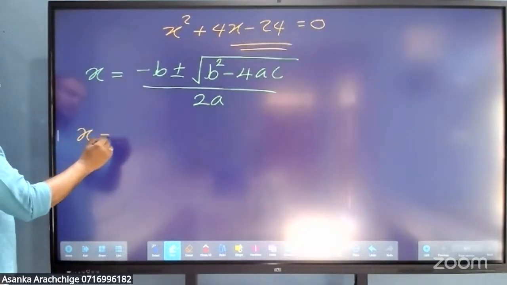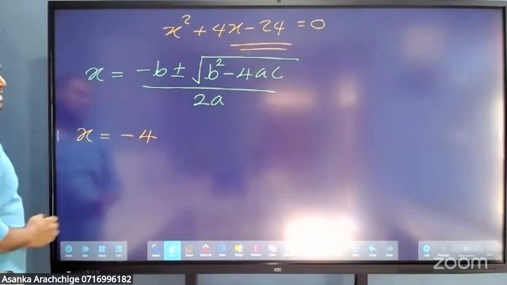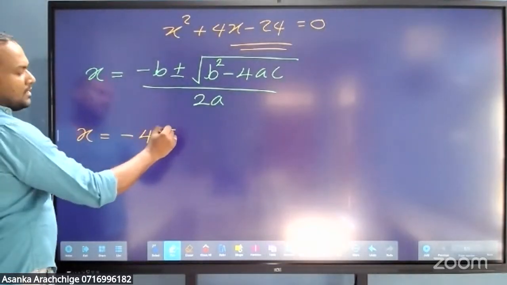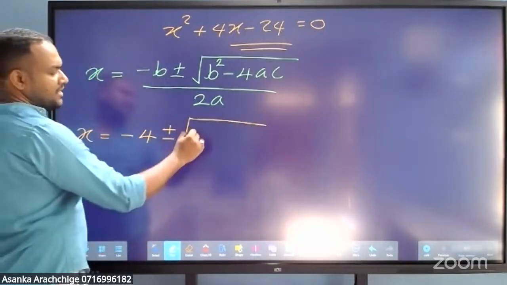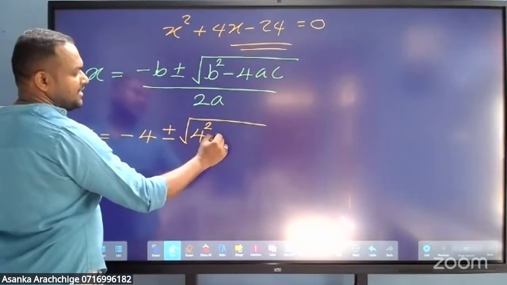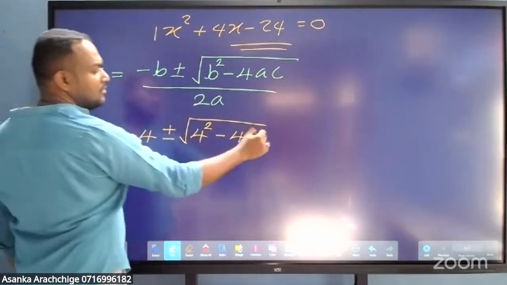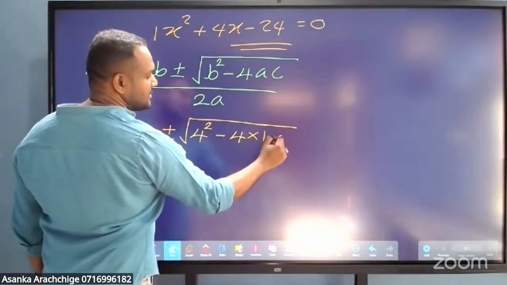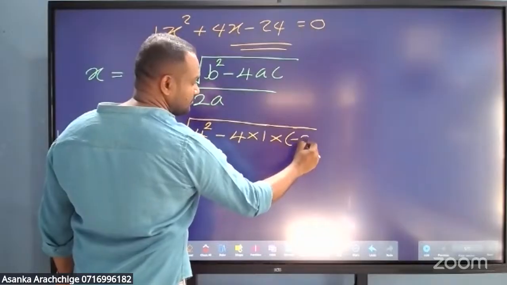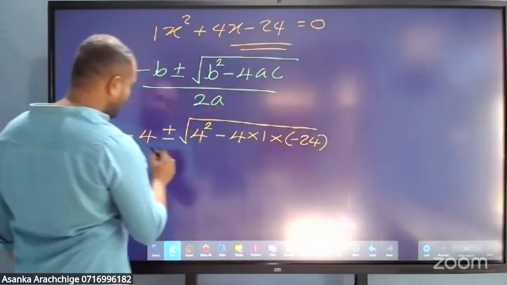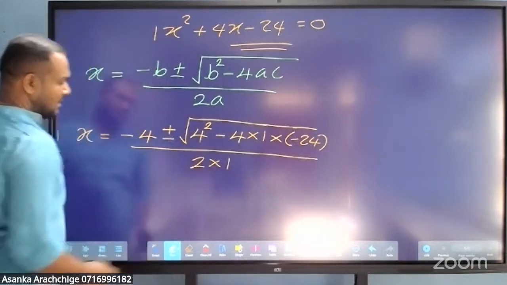X equals minus b, which is minus 4, plus or minus square root of b squared, 4 squared, minus 4 times a, which is 1, times c, which is minus 24, upon 2a, 2 times 1.